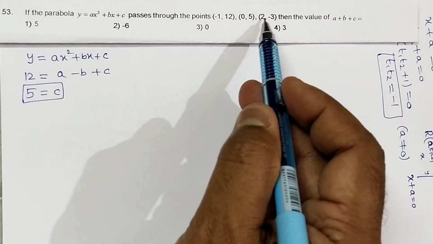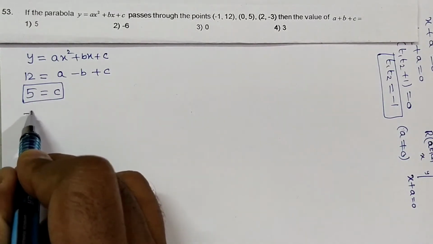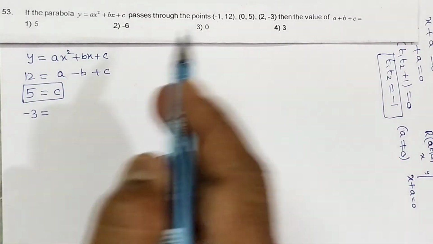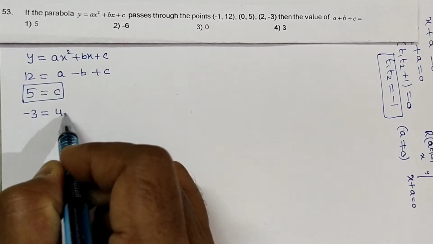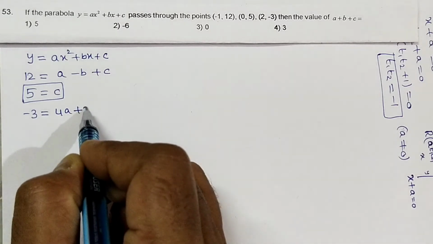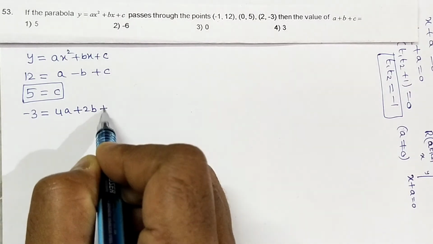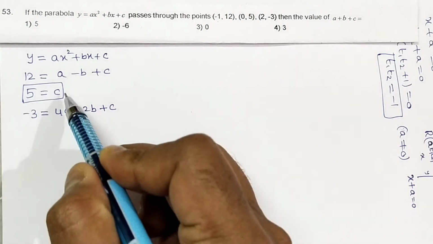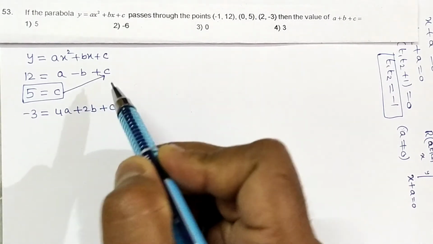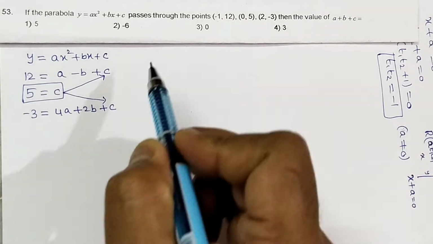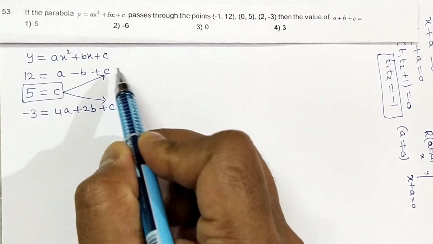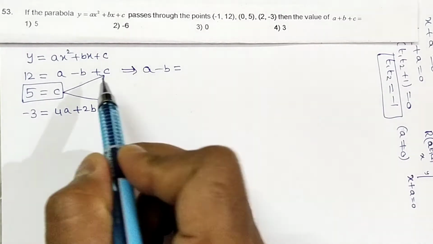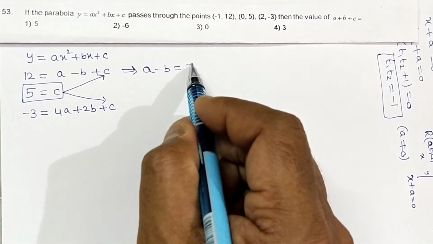Next, it passes through (2, minus 3). So y value is minus 3, and in place of x substitute 2. So 2 square into a is 4a plus 2b plus c. Substitute c is equal to 5 in both equations. In the first, we get a minus b is equal to 12 minus 5, which is 7.